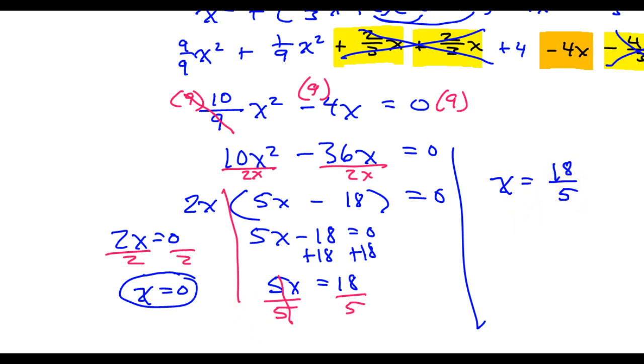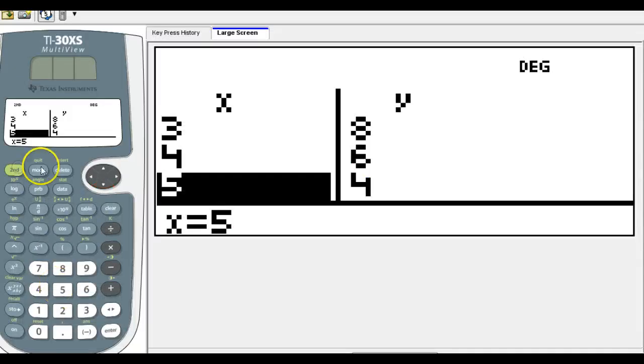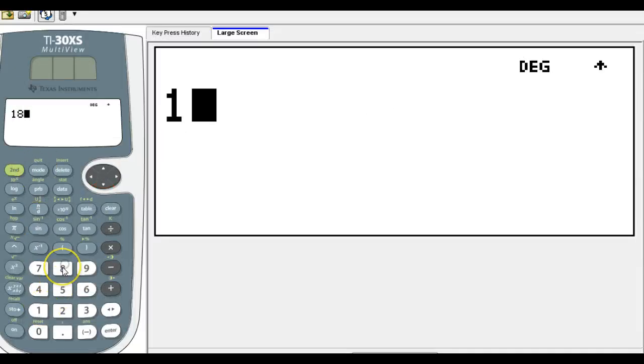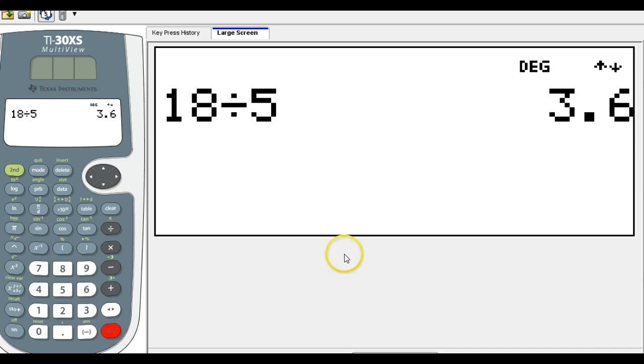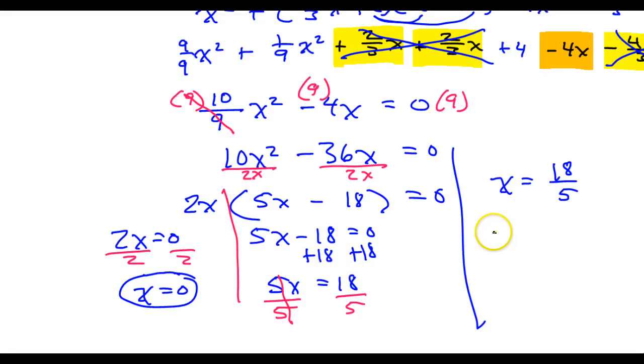I guess I could make this into a decimal without rounding. Let's check it out. 18 divided by 5. What you got? 3.6. Alright, that's pretty clean looking. So I'll say x is equal to 3.6. So those are our two x values. Remember that, 0 and 3.6.